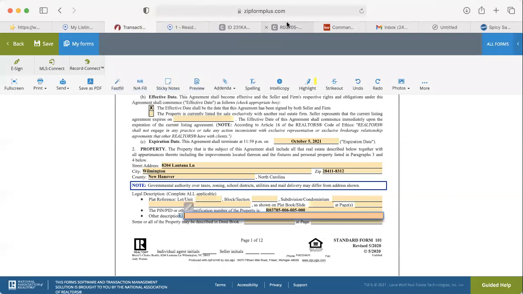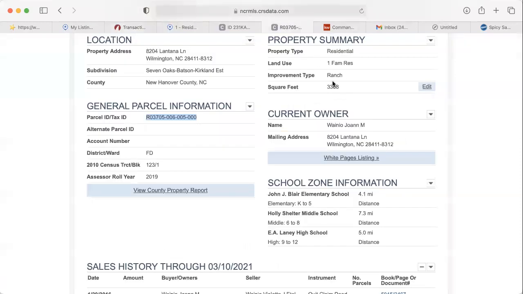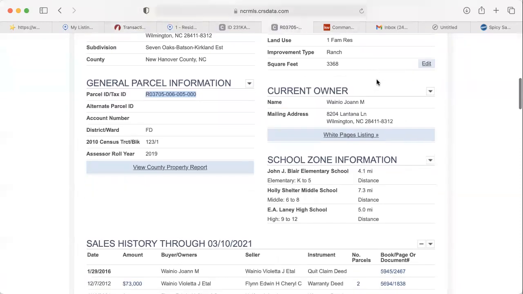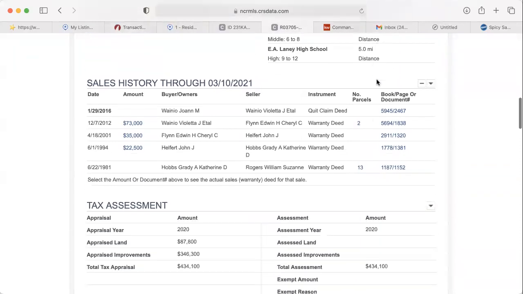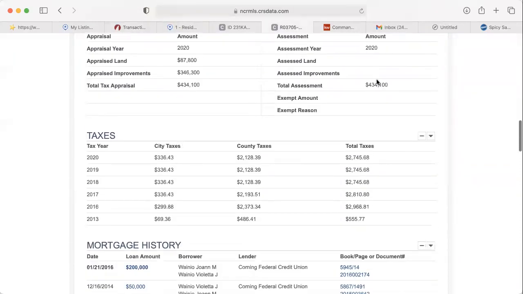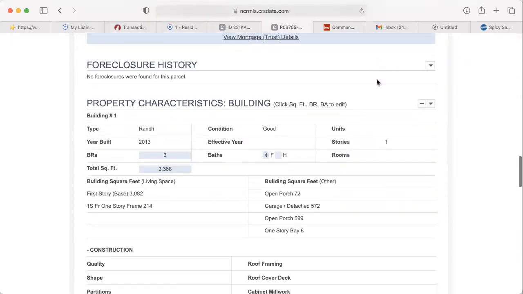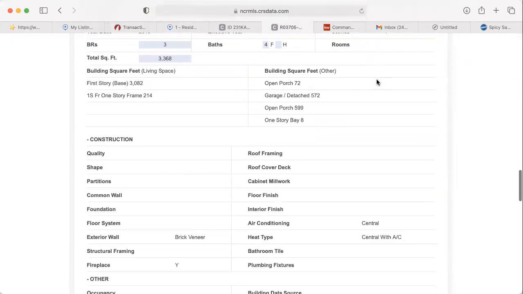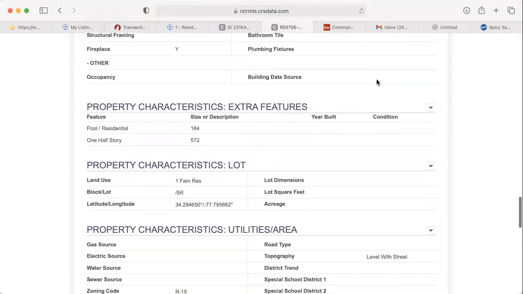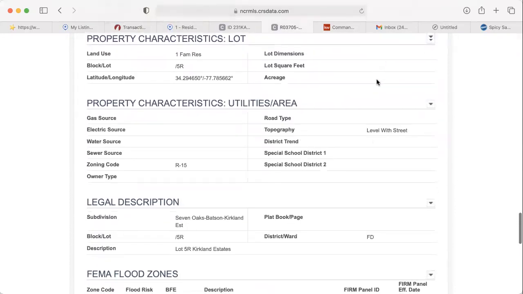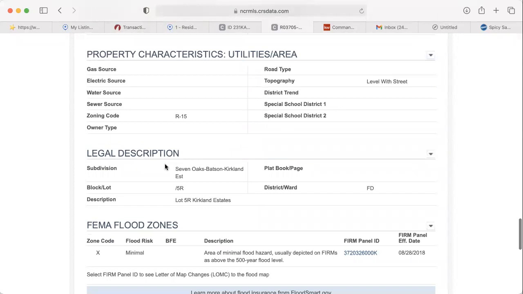Now I'm going to go back to the tax record. And I'm going to find some other information here. So if I keep scrolling down, I'm going to have my legal description.